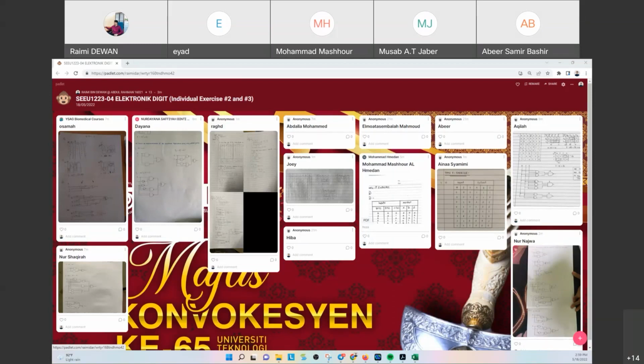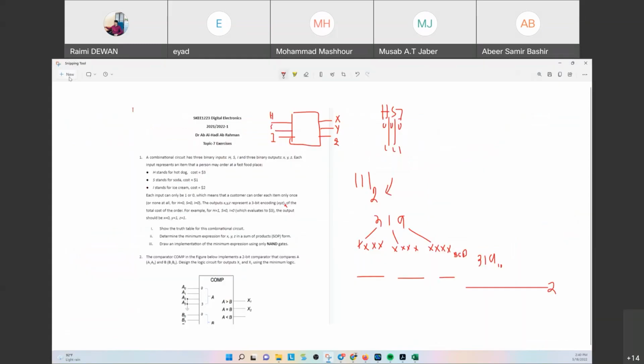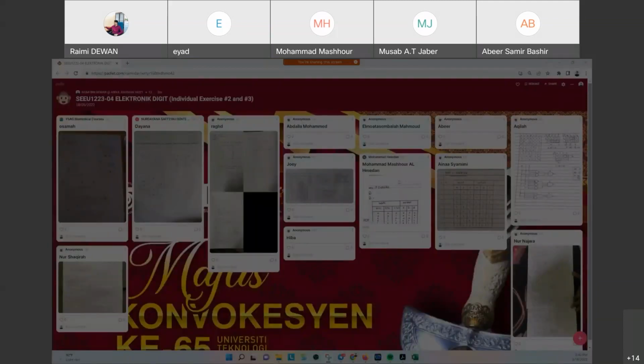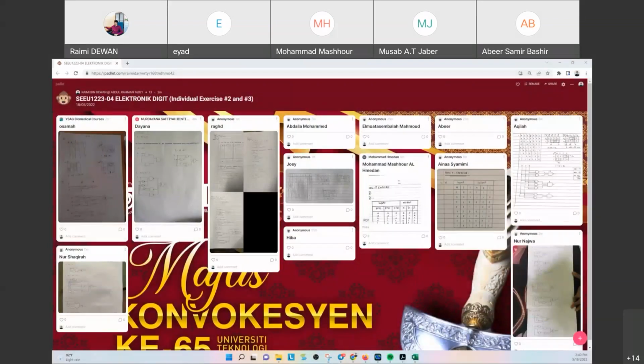If it's wrong, let me know. If it's wrong, let me know. So I shared the answer for the truth table first. During this class, I will not discuss everything because we will not have time, because we need to discuss another exercise which is exercise topic 8.